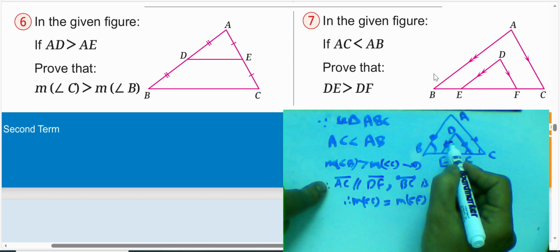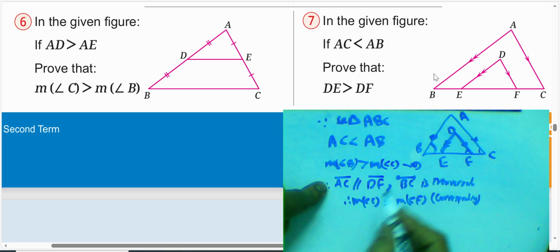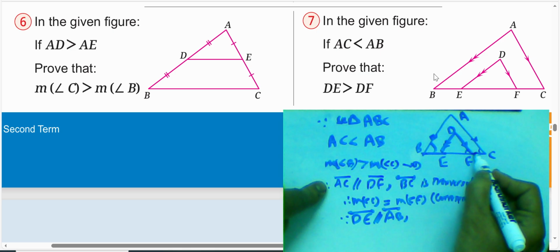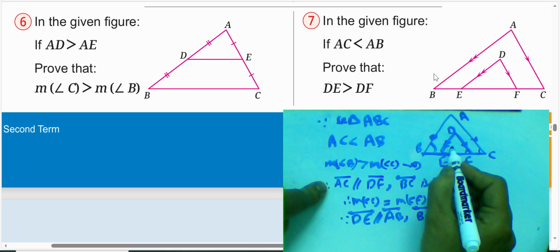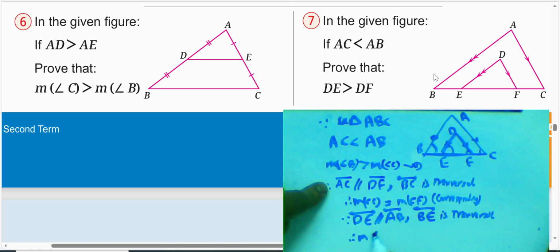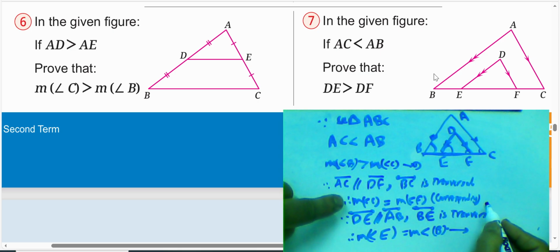And also DE parallel to AB, and BE is a transversal of them. The measure of angle E will be equal to measure of angle B. This relation here number 2, and this relation number 3.